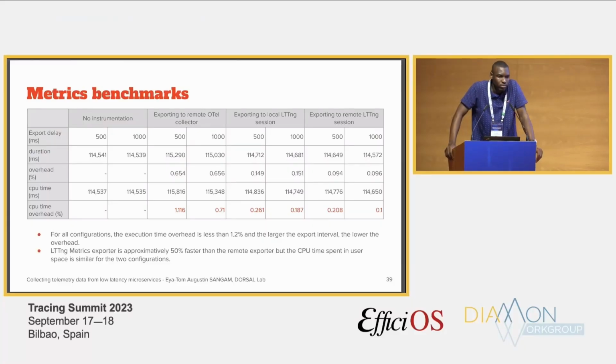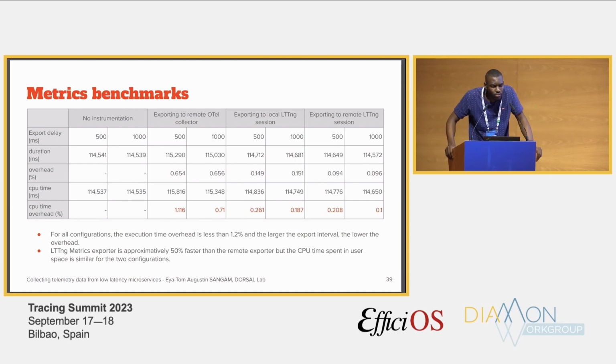About the no instrumentation benchmark, I noticed that the duration is close to the duration when there's some tracing going on. So I suspect that there is some information that needs to be generated even if it's not being sent to a tracer.